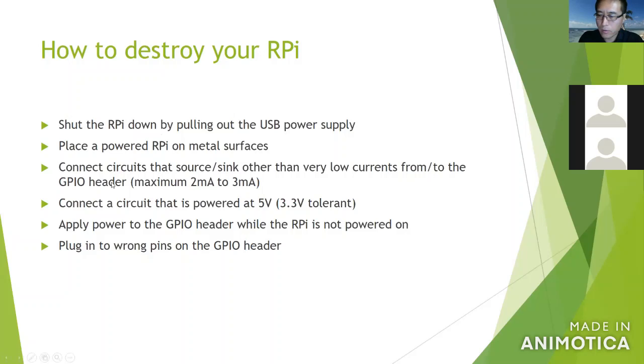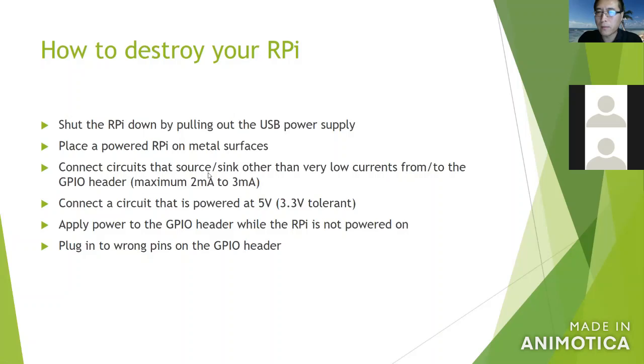Another thing you want to avoid is to connect circuits that source or sink other than very low currents, because the Raspberry Pi is a low power device. So you don't want to put a large current or voltage onto the Raspberry Pi. That will definitely burn your Raspberry Pi.